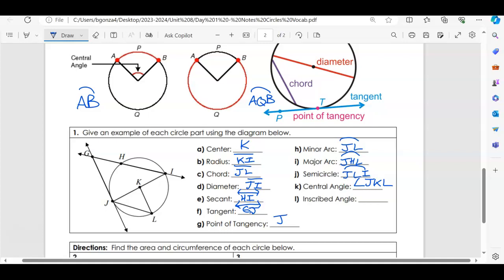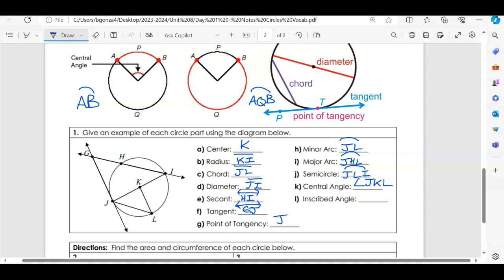But what about an inscribed angle? Do you see any angles that are on the edge? Okay, so like I could be on the edge, J could be on the edge, L, right? But I need to make sure I have 3 letters that make that angle.